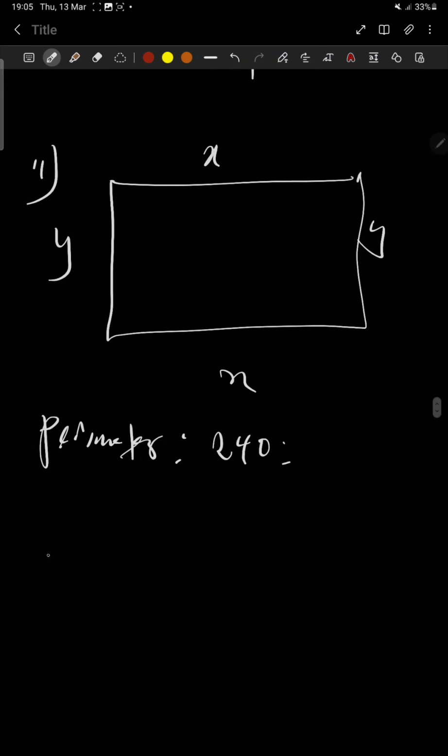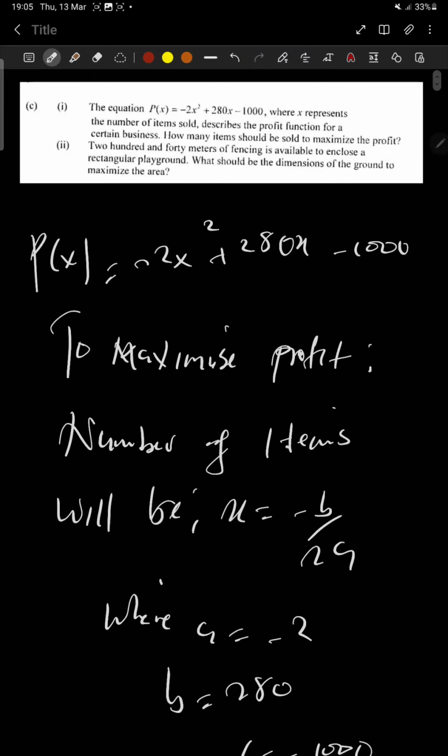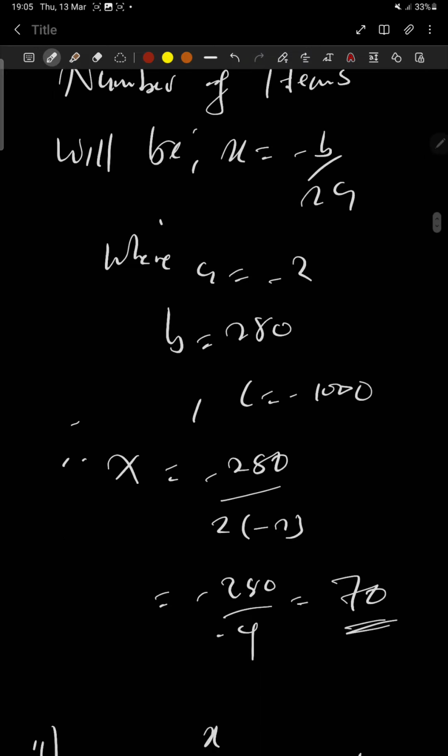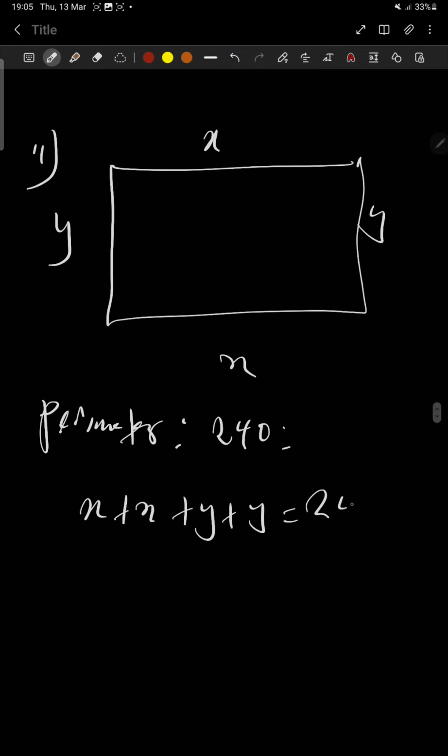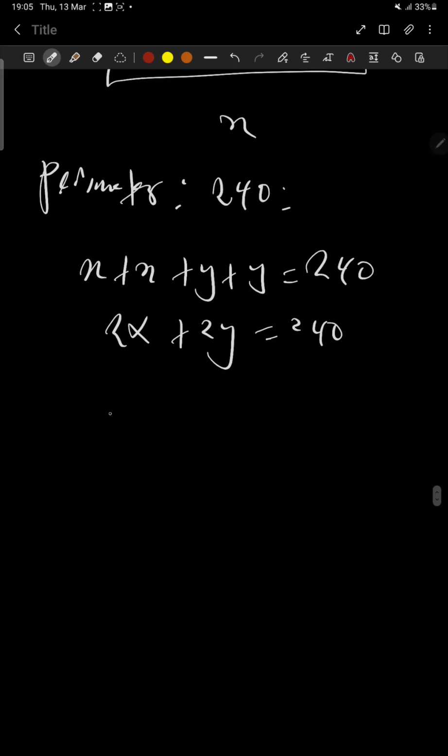So how do you find the perimeter of this? Perimeter will be x plus y plus x plus y, which is 240 meters of fencing. So this will be 2x plus 2y is equal to 240. Make y subject: 2y is equal to 240 minus 2x, over 2.